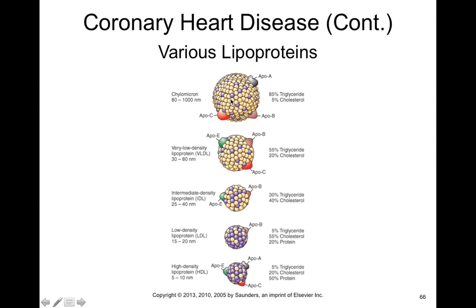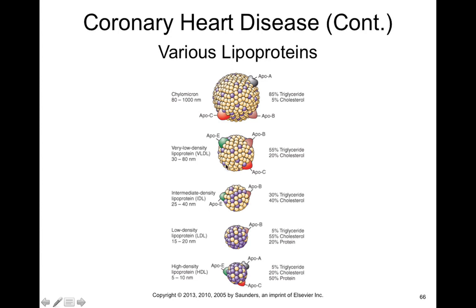Now, as these eventually get back to the bloodstream, we find that it's predominantly triglycerides and some cholesterol. And once in the bloodstream, these chylomicrons will eventually get to the liver, where the liver can convert chylomicrons into different types of lipoproteins, like very low density lipoprotein, intermediate density, low density, and high density.